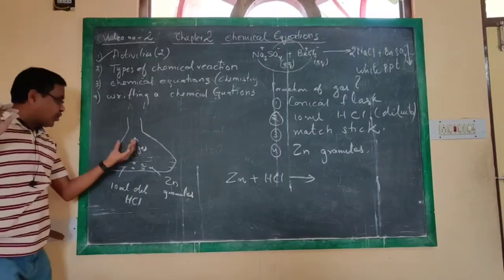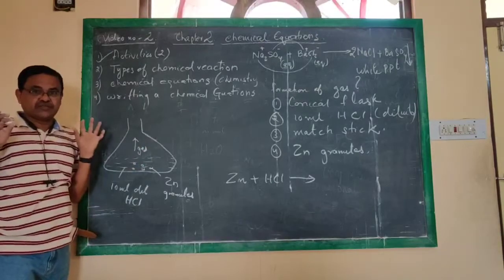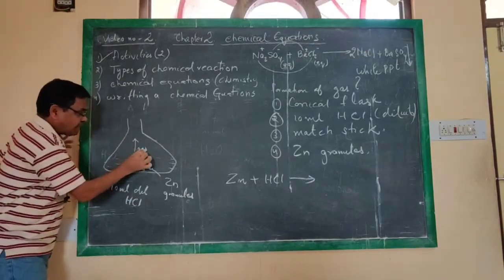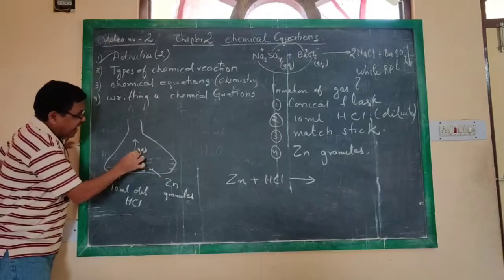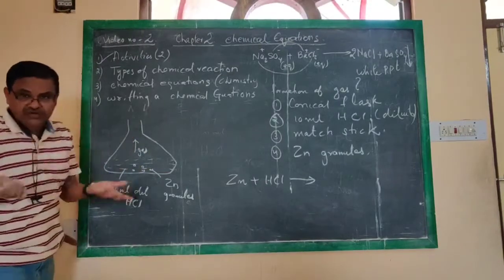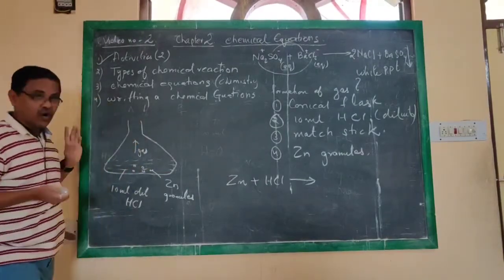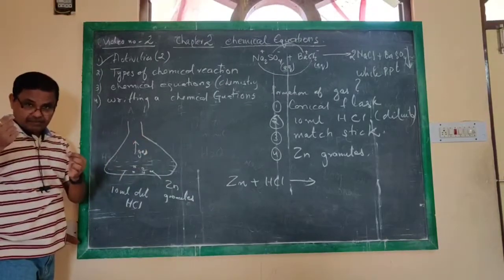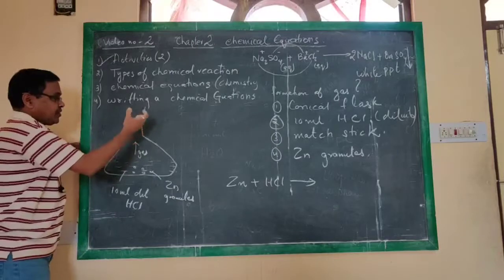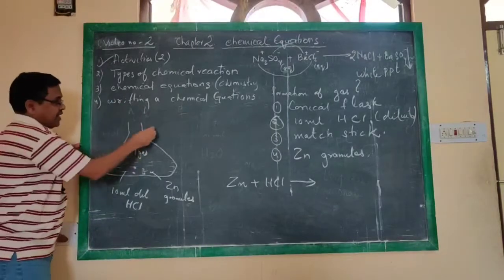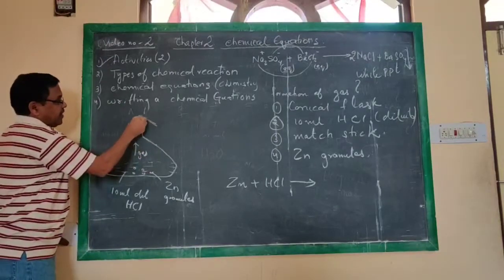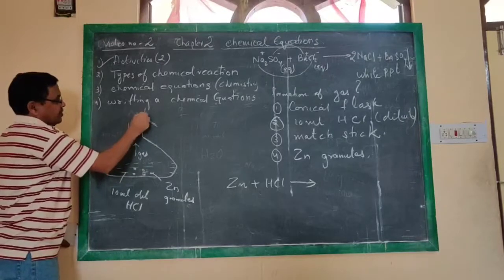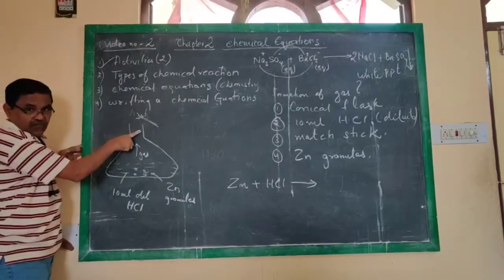Now we say that we don't know what the gas is. How can we confirm what the gas going out is? We have to take a matchstick, burn it, and take that burning matchstick near the mouth of the conical flask.